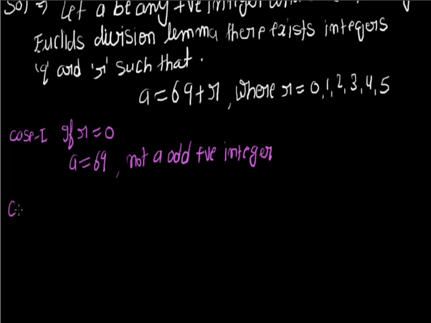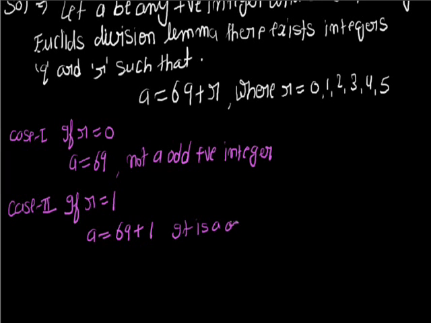In the second case, if r is equal to 1, then a is equal to 6q plus 1. Now it is of the form 6q plus 1, that's why it is an odd integer.